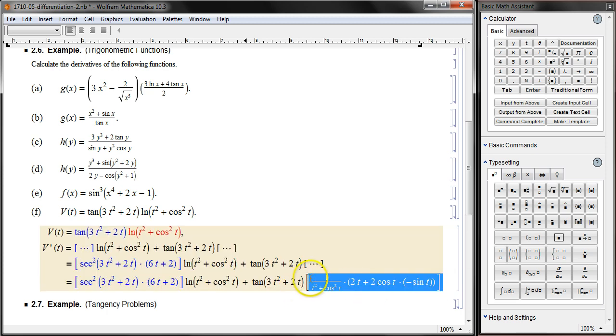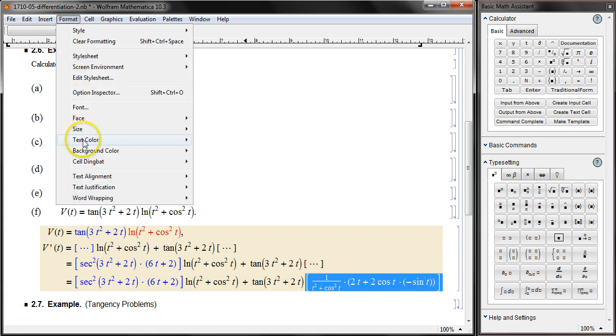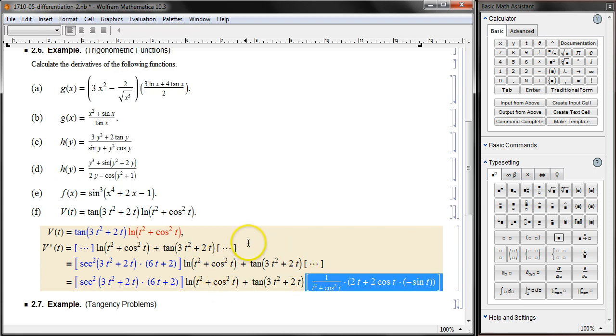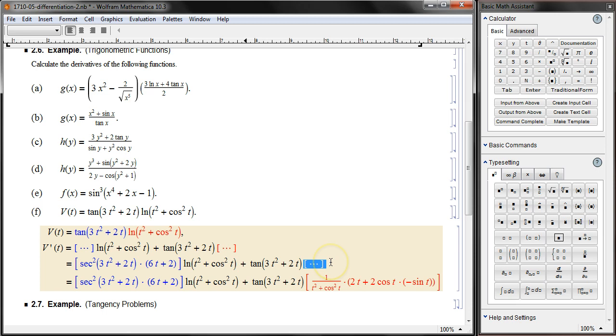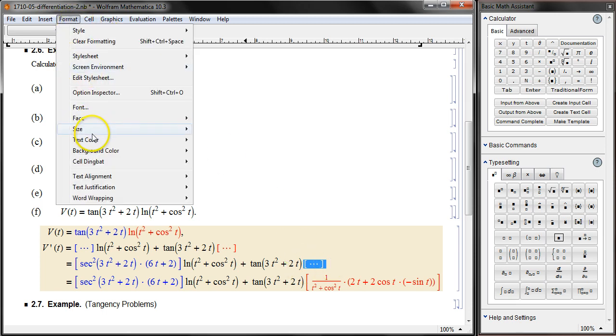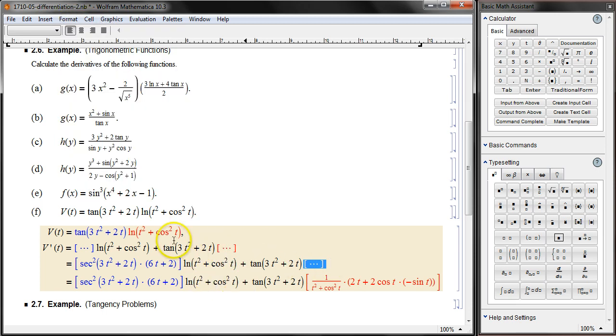This whole part is red, the derivative of the second factor. Among them, pay particular attention to this part, the cosine squared part.